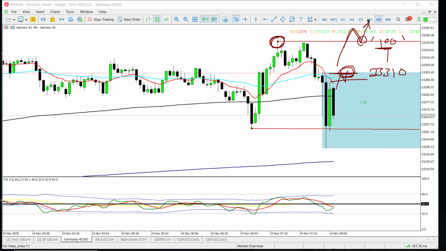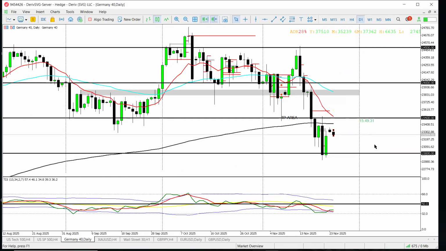My bias here has been bullish. Let me see why I wanted it to be bullish. Okay, looking at this daily chart price action, I see price just coming back up here to this level, maybe to the 13 EMA area, maybe towards 23,500.